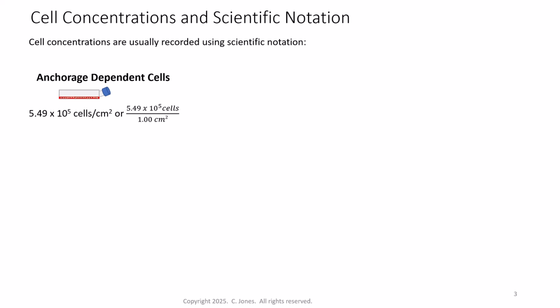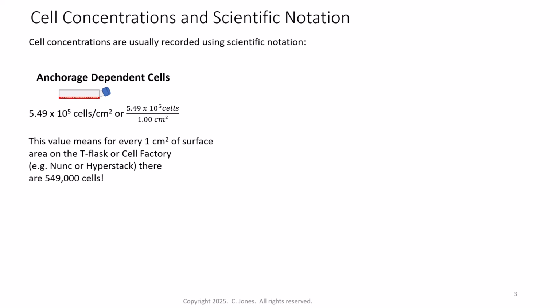And sometimes when you have to do calculations and conversions, it's helpful to remember that this 5.49 times 10 to the 5th cells per centimeter squared is really 5.49 times 10 to the 5th cells over 1 centimeter squared. Okay?